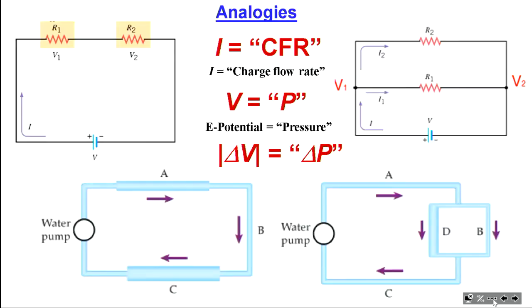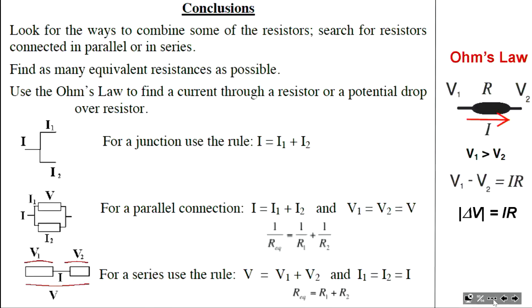When a resistor is connected in series, it's like two different pipes with maybe different diameters, and the battery acts like a pump, making electrons move through. And electric current is similar to a charge flow rate. Not volume flow rate, not mass flow rate, charge flow rate. That's what electric current is.